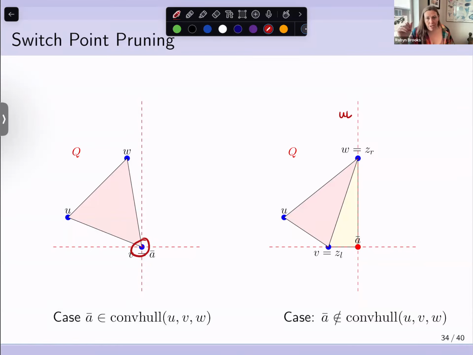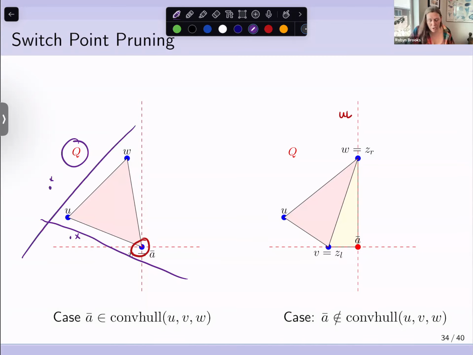If it is in the convex hull, like here on the left, then there is no way for any point in the entire upper left quadrant Q to be separated from U, V, and W by a line with positive slope. You can put your X up here, but this is not the correct configuration because I want X on the left and UVW on the right.